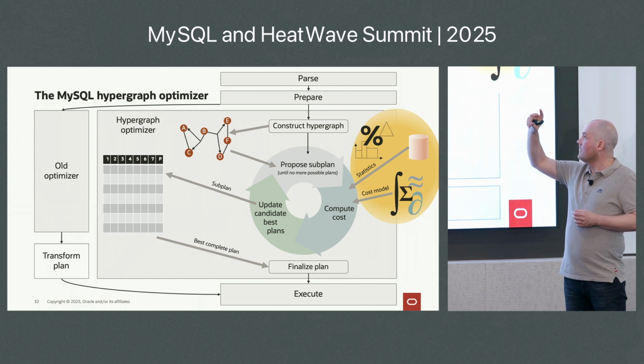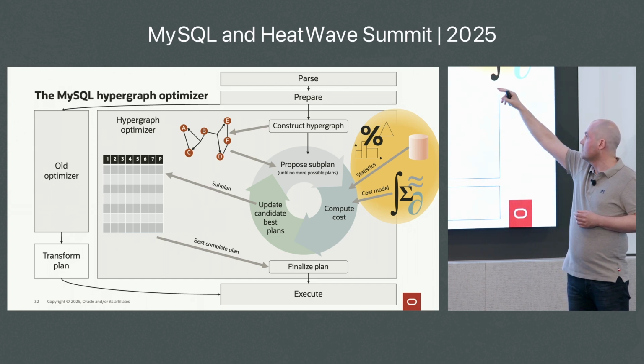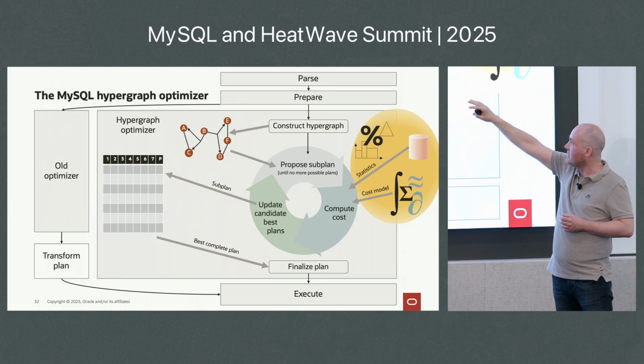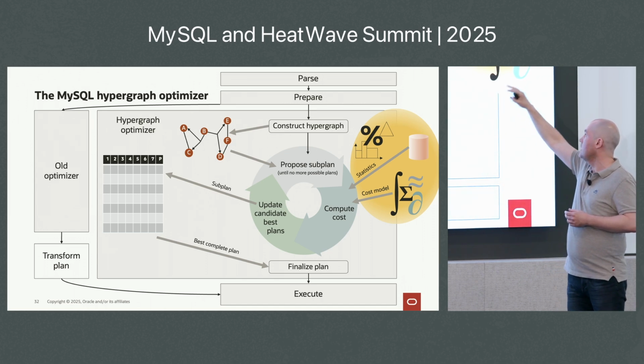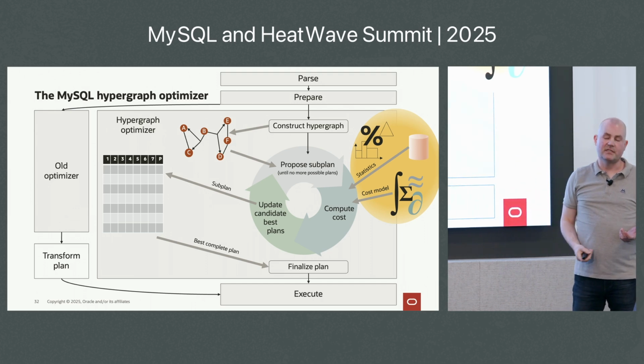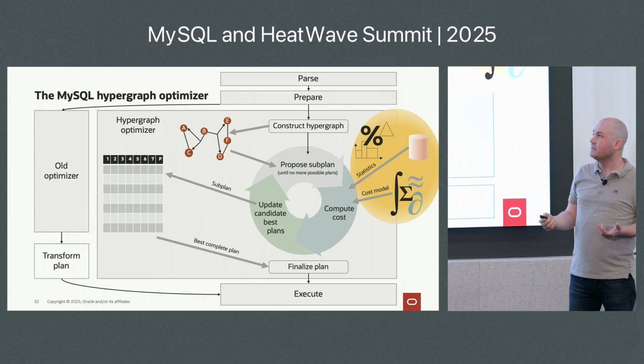Then we go one more round around the loop. We don't have any more options for table A, but we look at table C. We do a table scan on table C, compute the cost, and update the candidate best plans. Table scan on table C is the best thing we've seen so far, so we keep that.